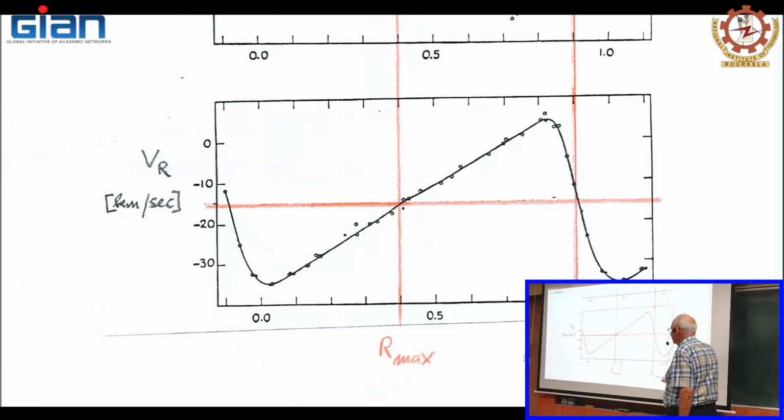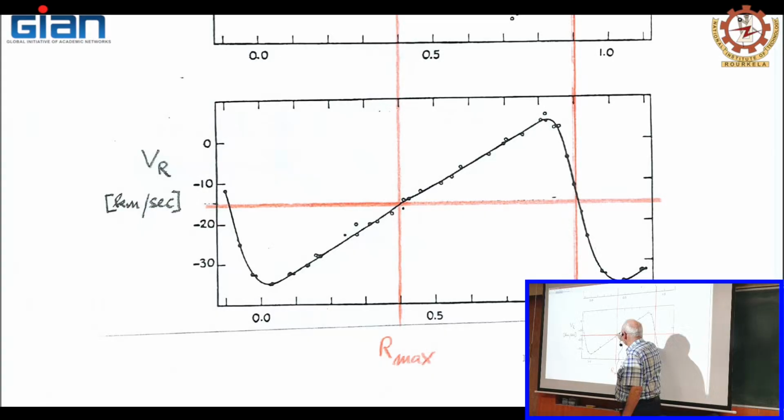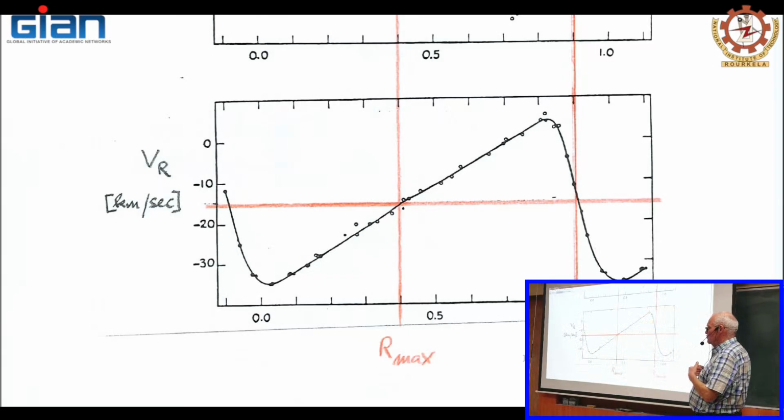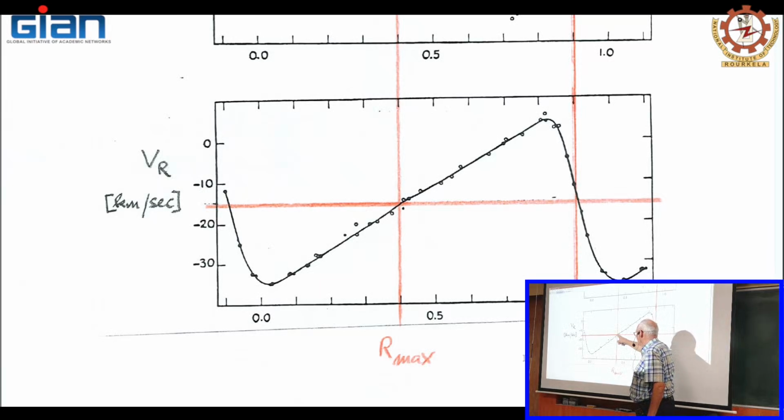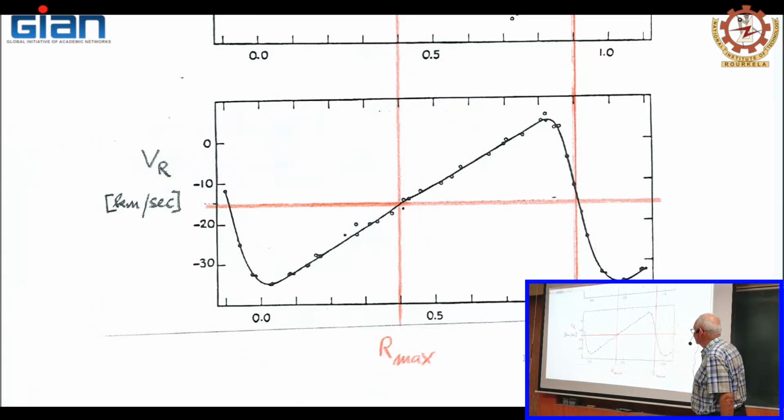That means that once the velocity relative to the center of mass of delta Cephei is 0, this should correspond to the maximum radius. This is where the velocity changes from approaching us to going away from us. This is the maximum radius, and of course this point would be the minimum radius.